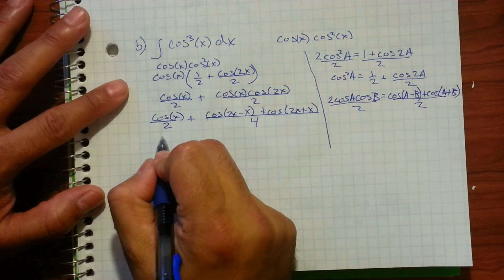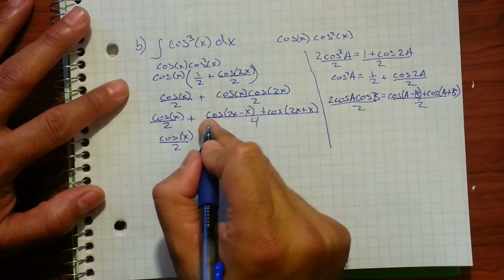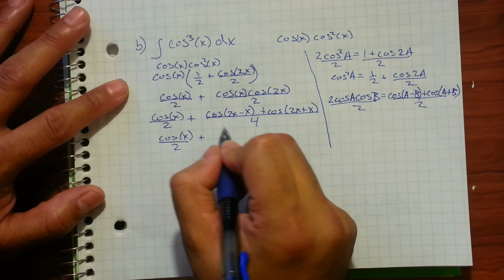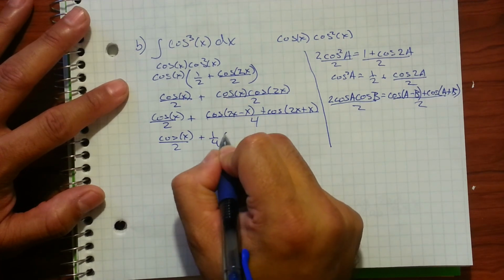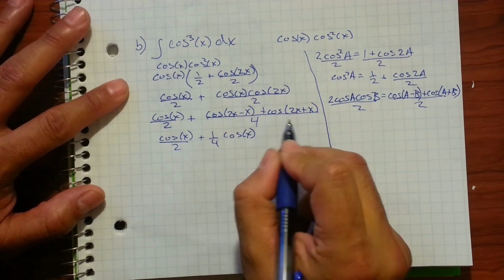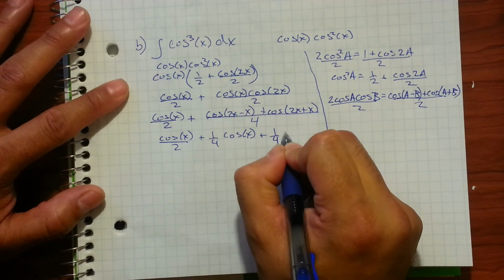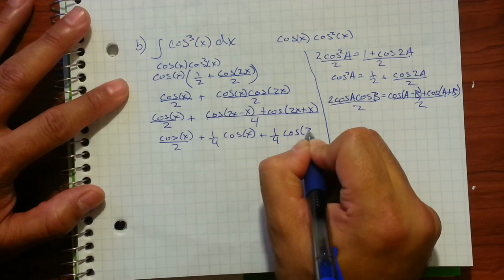Okay, so I get cosine of x over 2. That's going to be plus 1/4 cosine x plus 1/4 cosine of 3x.